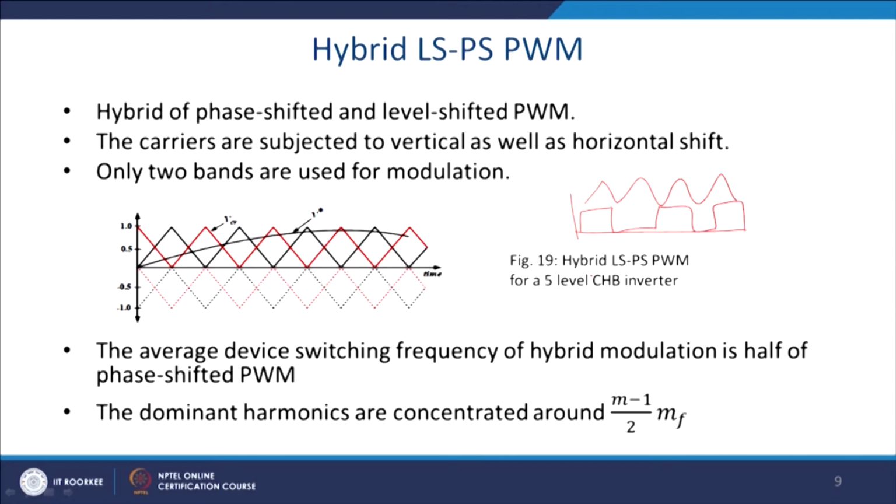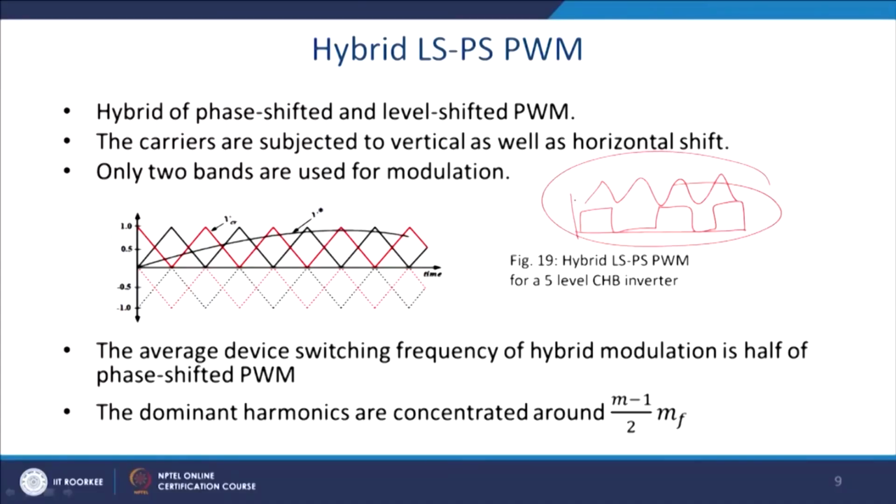You add a square wave, it goes up, then again it comes down, then again goes up, then again comes down, like that. So, you have to add these 2 cycles. Okay. So, this is the way we generate the previous modified phase level shifted PWM.